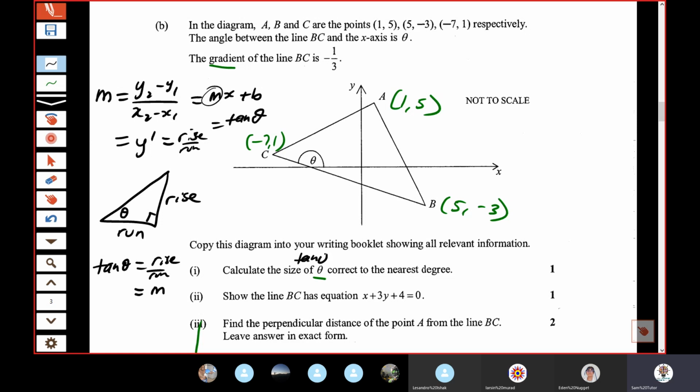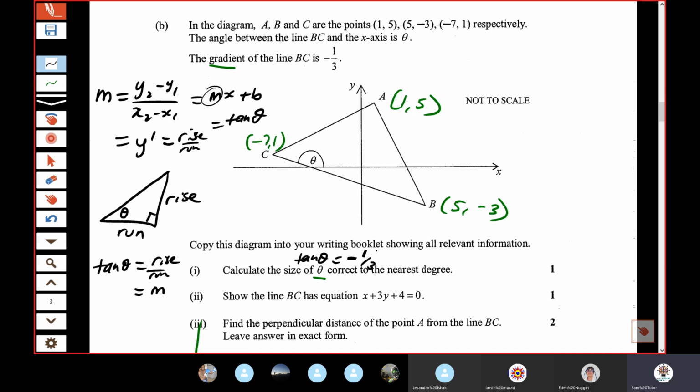You know tan theta is equal to -1/3. But if you inverse this negative, you'll get -18 degrees, which doesn't make a lot of sense.